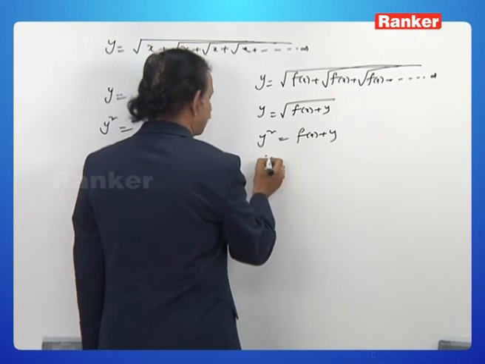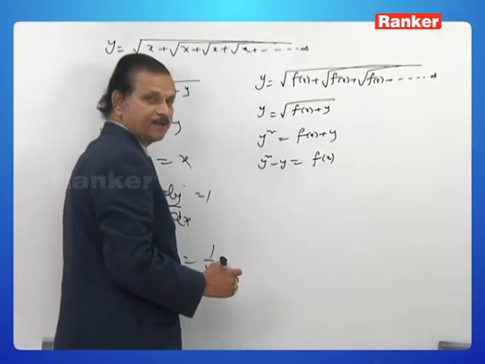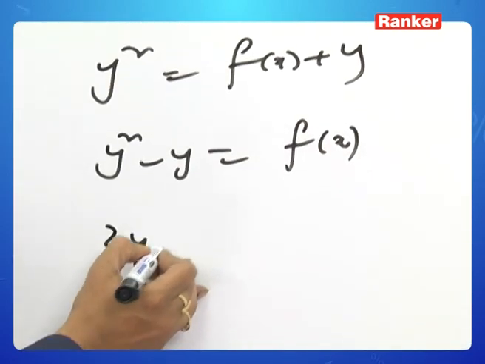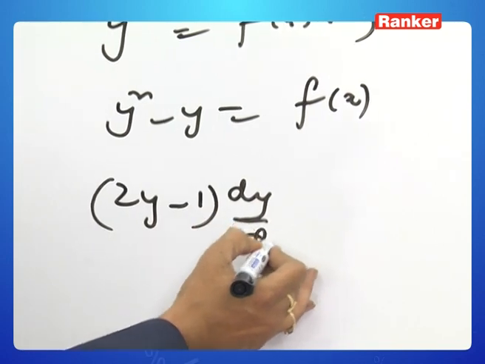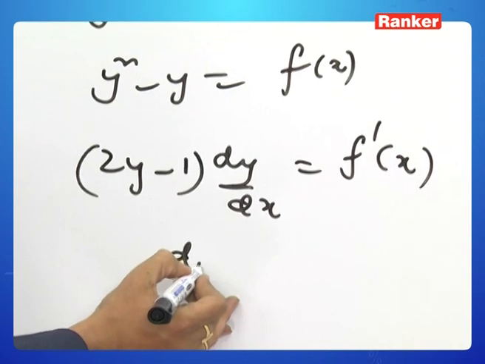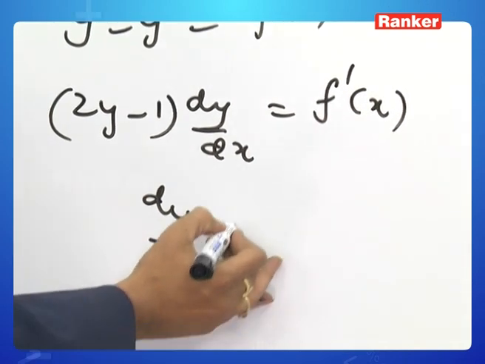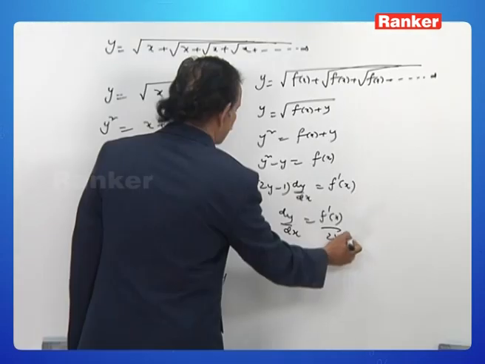So, y square minus y is equal to f of x. Differentiating on both sides, 2y minus 1 into dy by dx is equal to f dash x. From that, dy by dx is equal to f dash x by 2y minus 1.